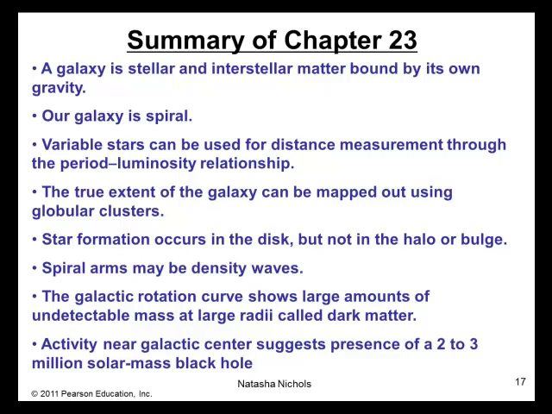Star formation occurs in the disk, but not in the halo or bulge. Spiral arms may be density waves. The galactic rotation curve shows large amounts of undetectable mass at large radii, which we call dark matter. Activity near the galactic center suggests the presence of a 2 to 3 million solar mass black hole.